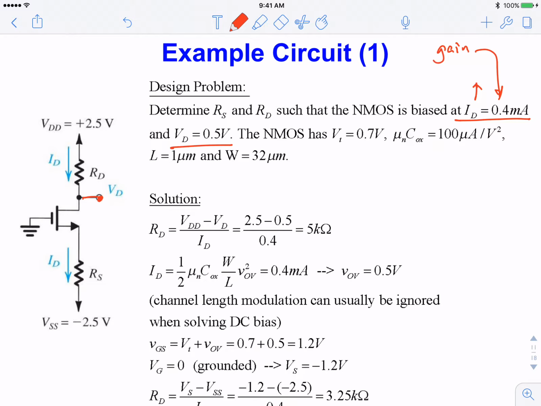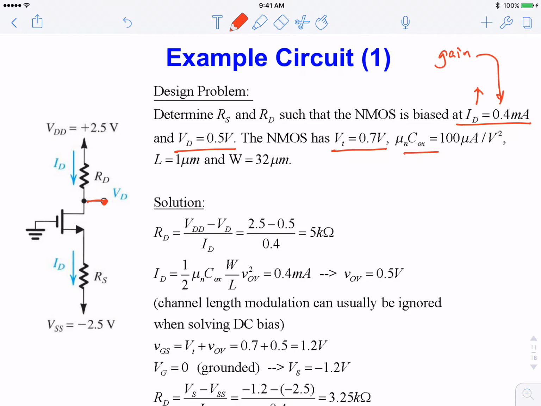Usually you get a much bigger file than a data sheet, but you will know what technology you are designing your circuit in. So let's say, for example, I have 0.7 volts threshold voltage. My mu-n Cox is 100 microamp per volt squared.